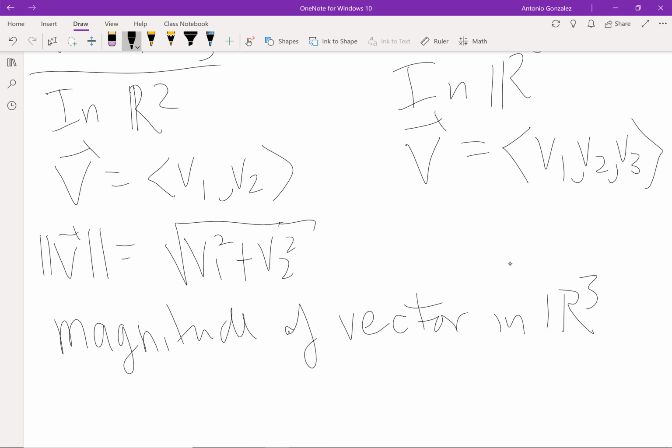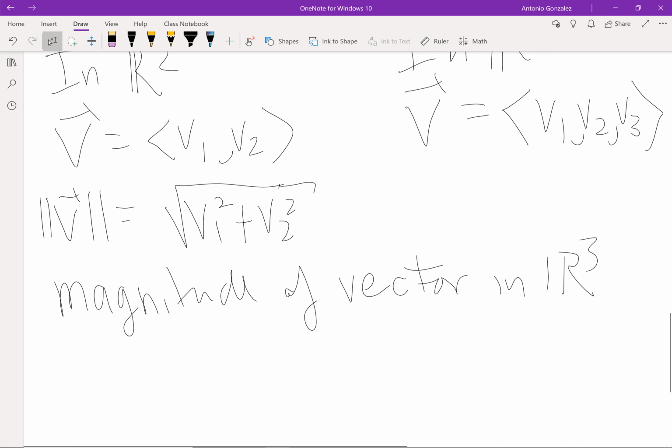Remember that in R2 we arrived at that formula using the Pythagorean theorem, and we can do the same thing here, but since we are in 3 dimensions, it's a little more involved.